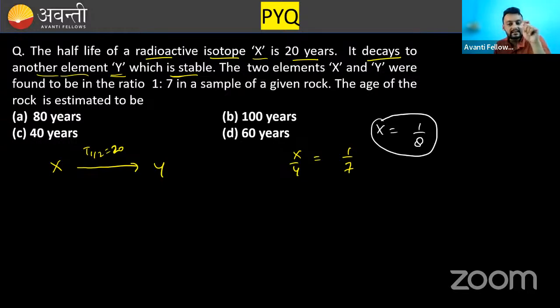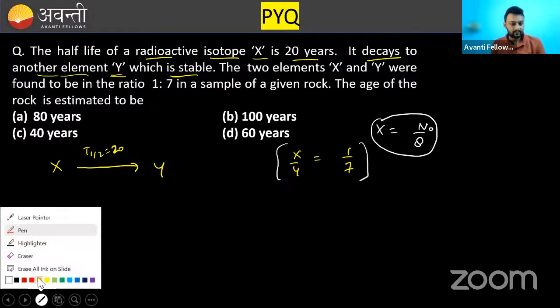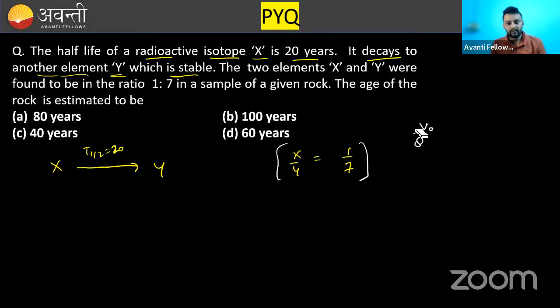I am taking this as if initially there was only one, the initial number is 1, or you can say N naught by 8. Okay, I'm explaining this again. The ratio of X and Y is 1:7. If I go with the basics, suppose this is X, this is 7X.